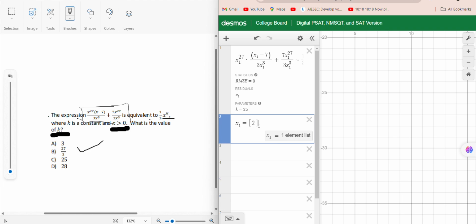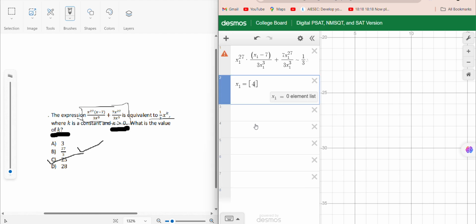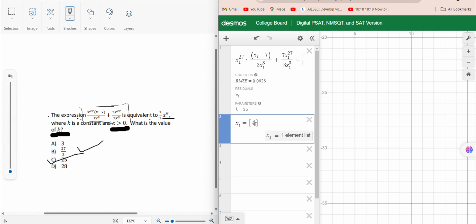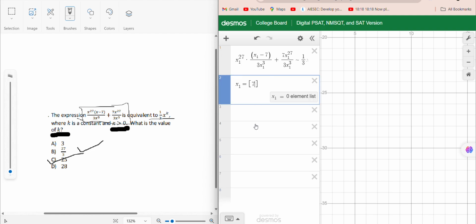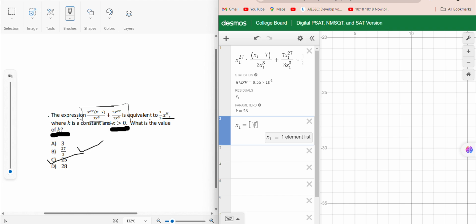Here, if I keep x1 equal to 2, then we can see our value of k becomes 25, which is equal to option C. So let's change the value of x1. Now let us keep it as 4. Again our value is 25, which means if we change the value of x1 to whichever we want, the value of k doesn't change. So our answer is C in this case.